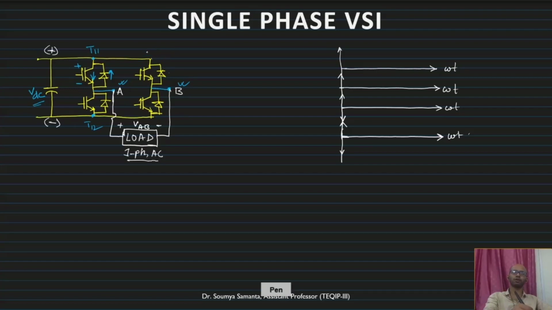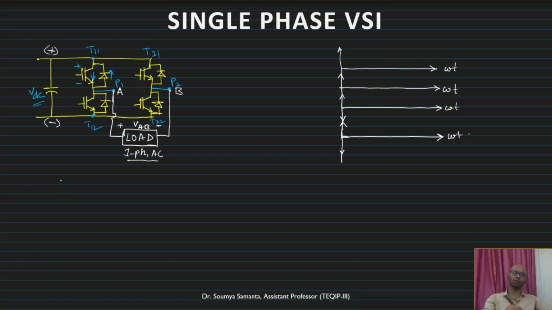This one was T21, this one was T22, and this one was P1 and this one P2 in terms of the SPDT switch. So this is the implementation of the single phase inverter we have done.